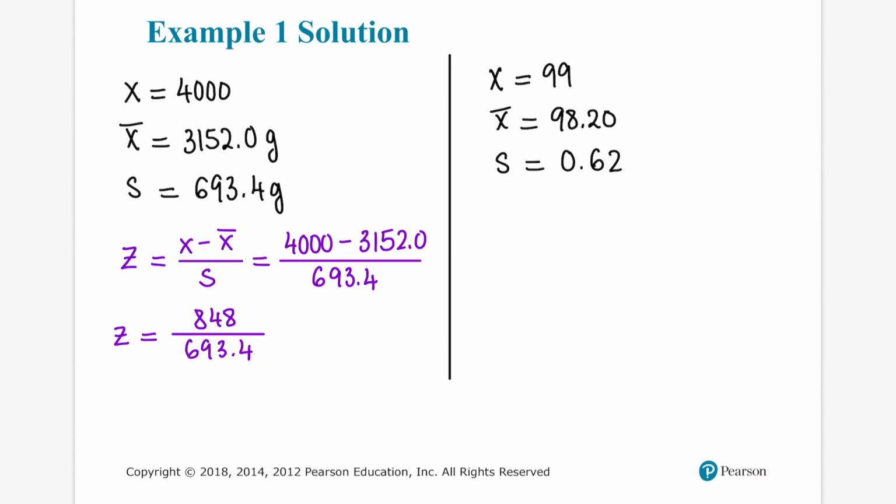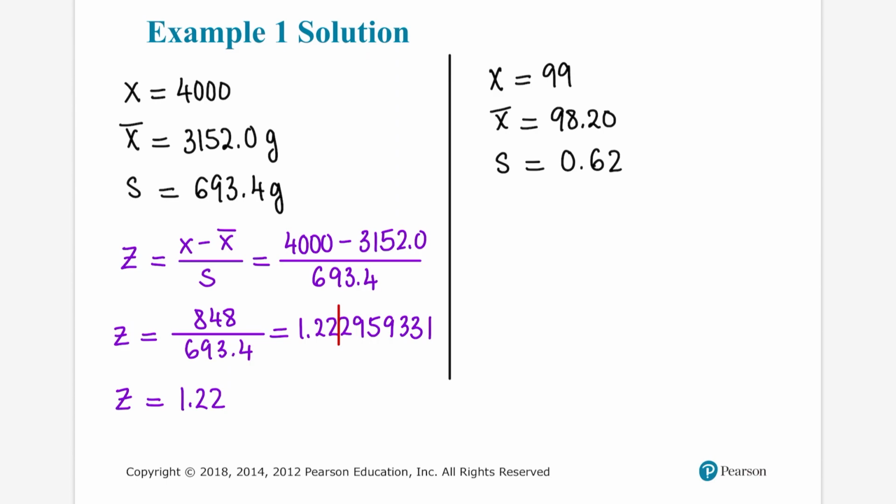So I got 848 divided by 693.4, and I end up with 1.222959331. So for the z-score, I will always round it to 2 decimal places. So I have z is 1.22.